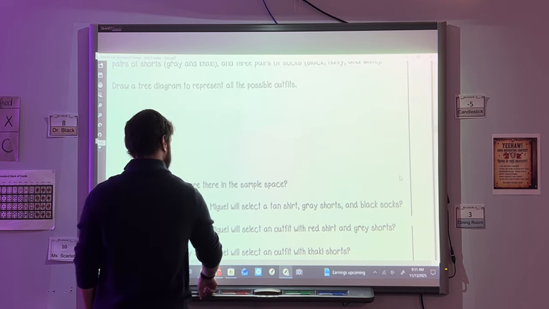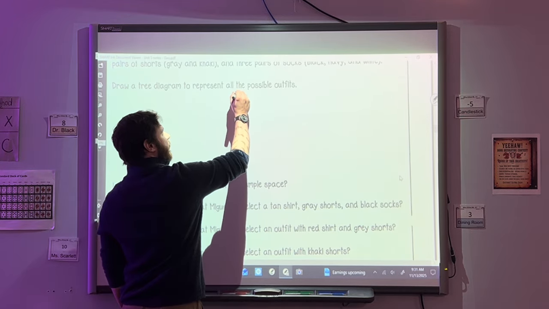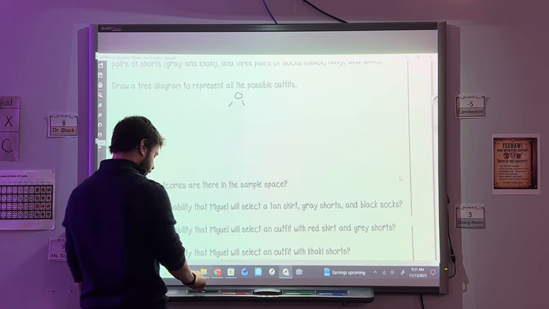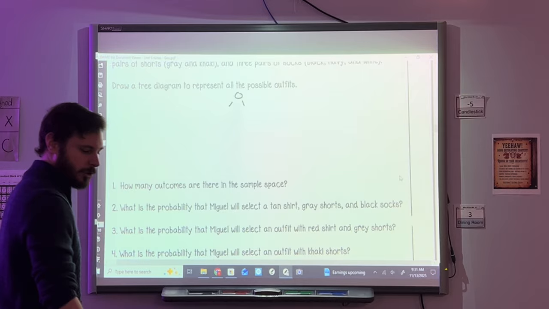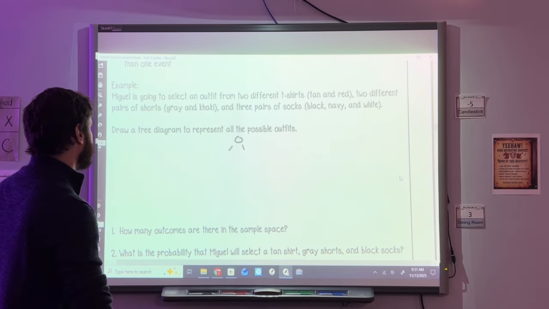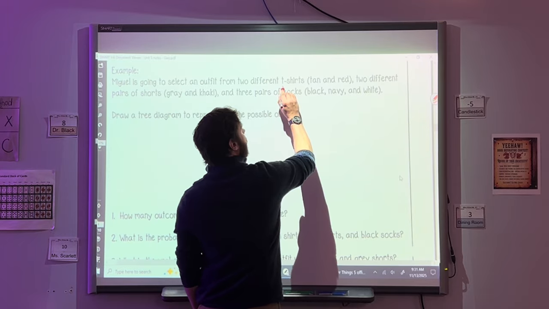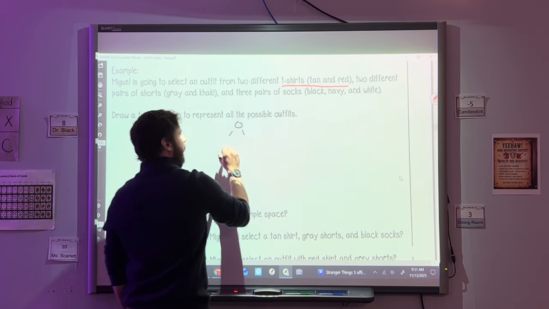So we have his outfits. He needs to make a choice. Is he going to wear his red shirt or his tan shirt? And it's a big choice to make. But that's all he has. T-shirts, tan and red.